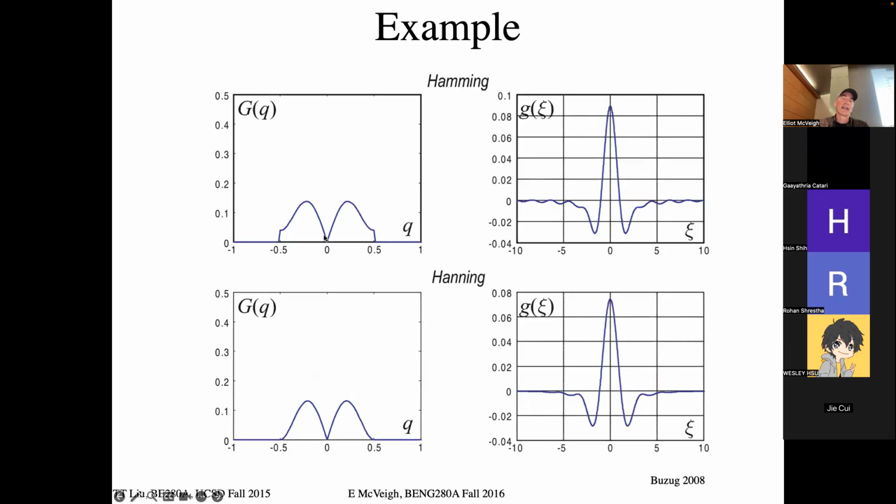This is called a Hamming function, where we're kind of doing the same thing, but we don't get all the way to 0 here. And this is a Hanning, which is very confusing, right? You have a Hamming filter and a Hanning filter. And this one is really severe in that it not only rolls down to 0, but it makes the derivative roll down to 0 as you're getting there, right? So it has a real smooth landing at 0, right?